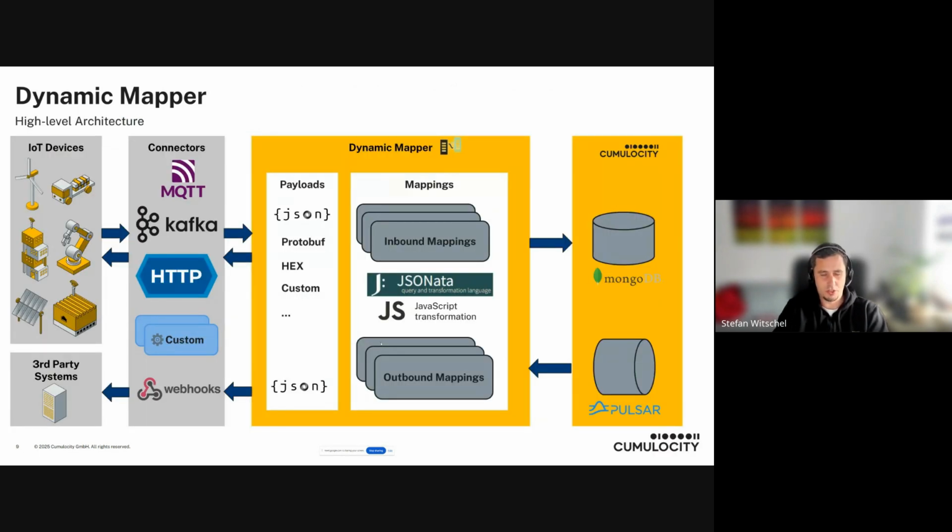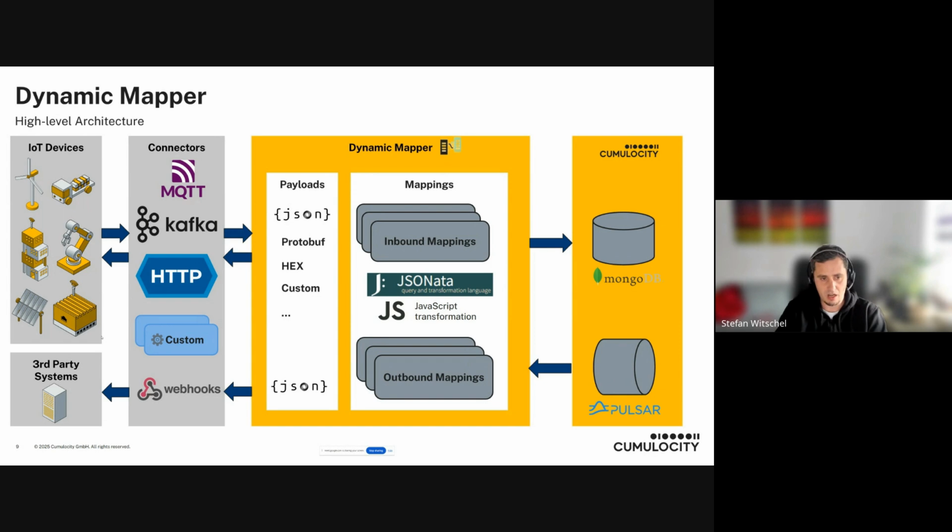Let me give you a short overview of the high-level architecture of the dynamic mapper. As I have said, it is meant to integrate data, but has also been extended later to get data out of Cumulocity. This is why we have two flows in this slide. So first of all, we have mainly devices which are connected to some kind of message broker in some circumstances.